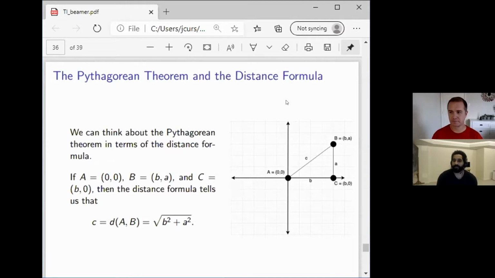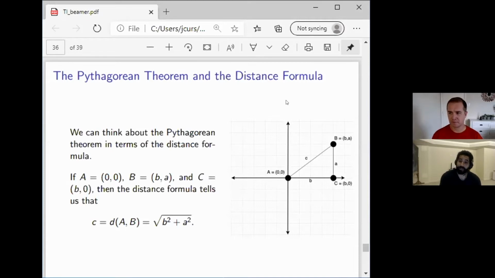On this picture I have the right triangle I just showed you. Suppose my point A is at the origin. Point C is length b away from the origin to the right, so its coordinates are (b, 0). Point B is a units up from C, so its coordinates are (b, a). We've mapped a right triangle with side lengths a, b, and c onto the plane with specific points.